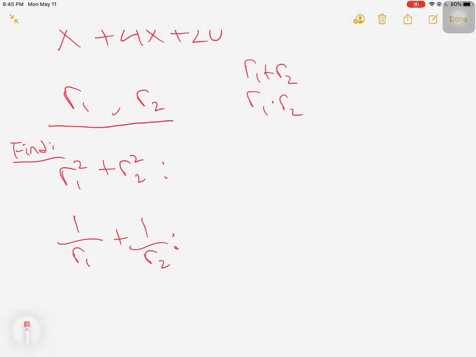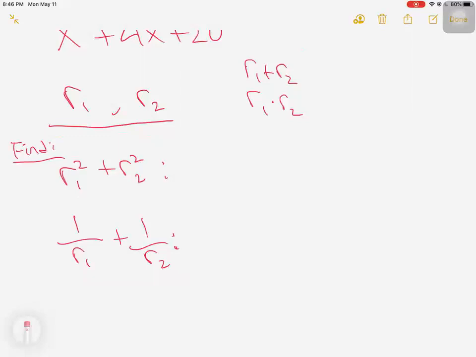All right, I'll let you guys try and find these two values. Okay, I'll just go over it right now.